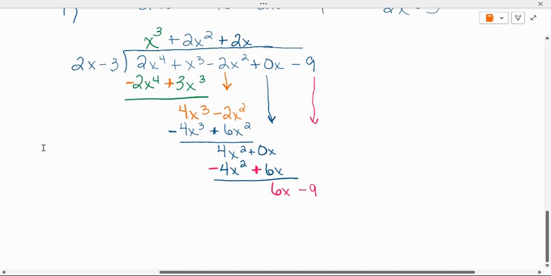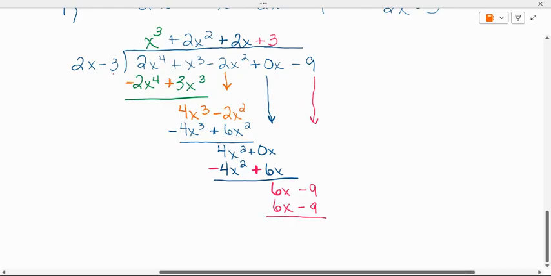All right, Kane. What do I have to multiply 2x by so it equals 6x? Three. We're just multiplying by 3. 2 times 3 is 6. So 2x times 3 is going to give me 6x. And 3 times negative 3 is negative 9.